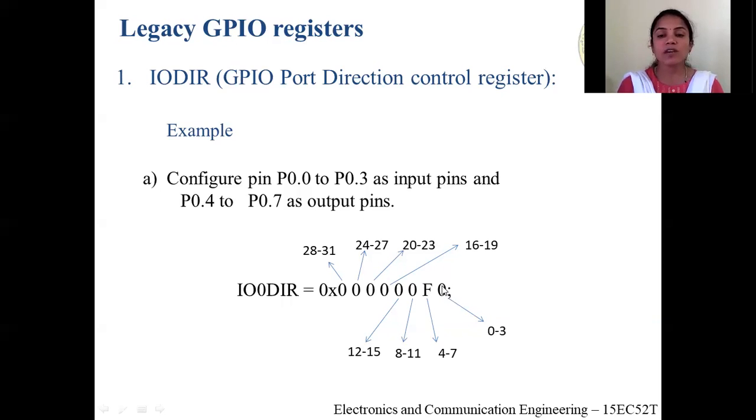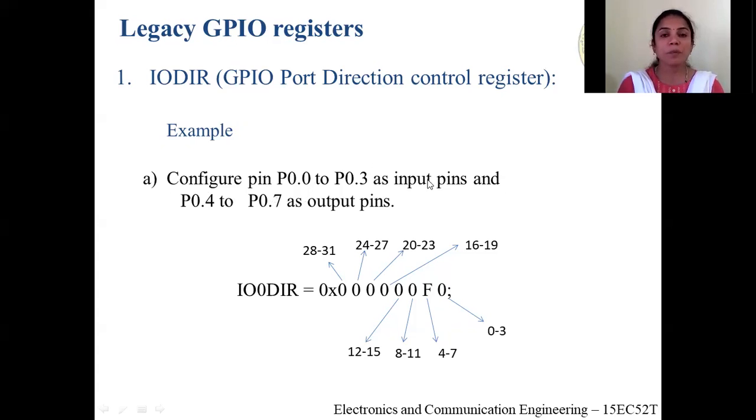So here the first digit represents the bits from 0 to 3 and the next digit represents the bits from 4 to 7. In the same way, the 8th digit represents the bits from 28 to 31. What they are saying is we have to configure port 0's pins 0 to 3 as input pins.